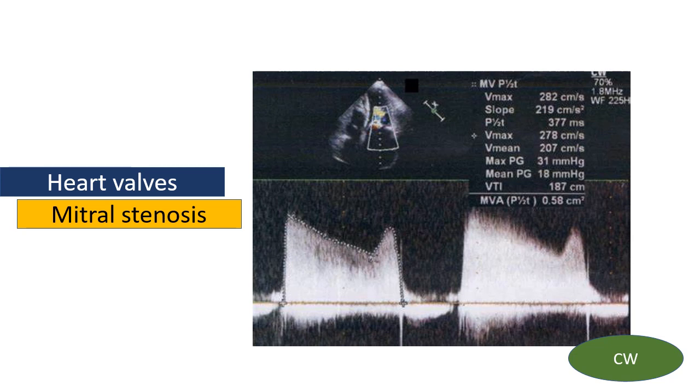And by tracing the envelope here, you can get the mean gradient, and when the mean gradient is more than 10, it reflects severe mitral stenosis in the presence of optimal conditions, that his heart rate is normal, there is no associated mitral regurgitation or associated lesions or abnormal cardiac function.